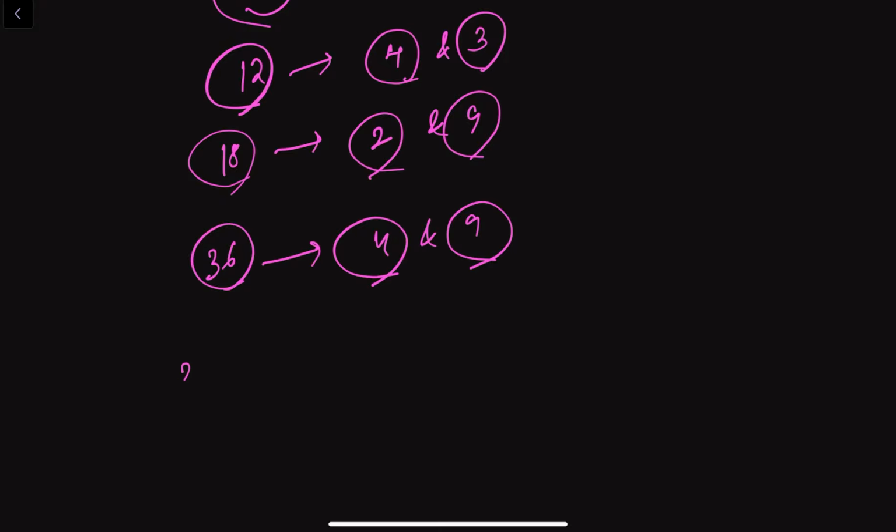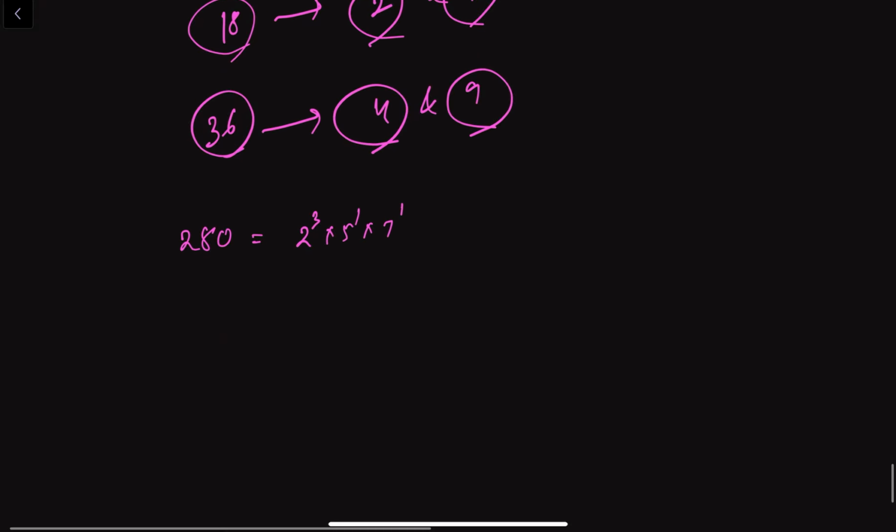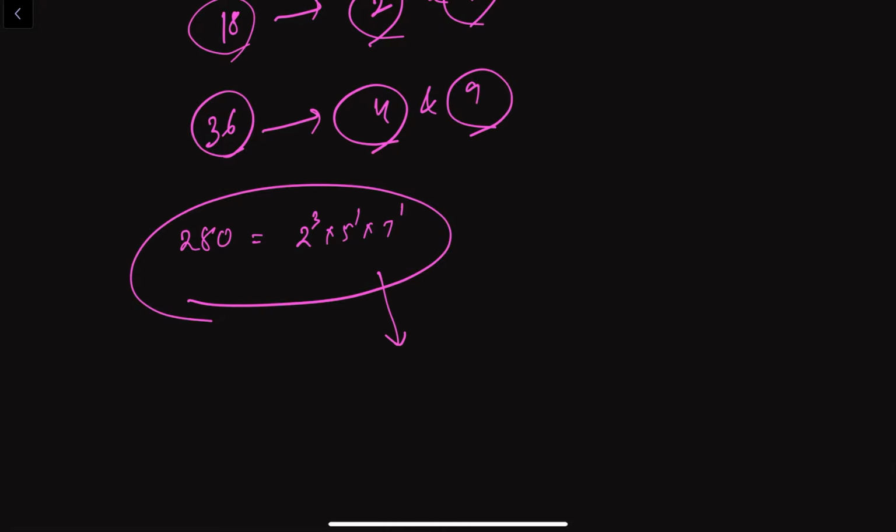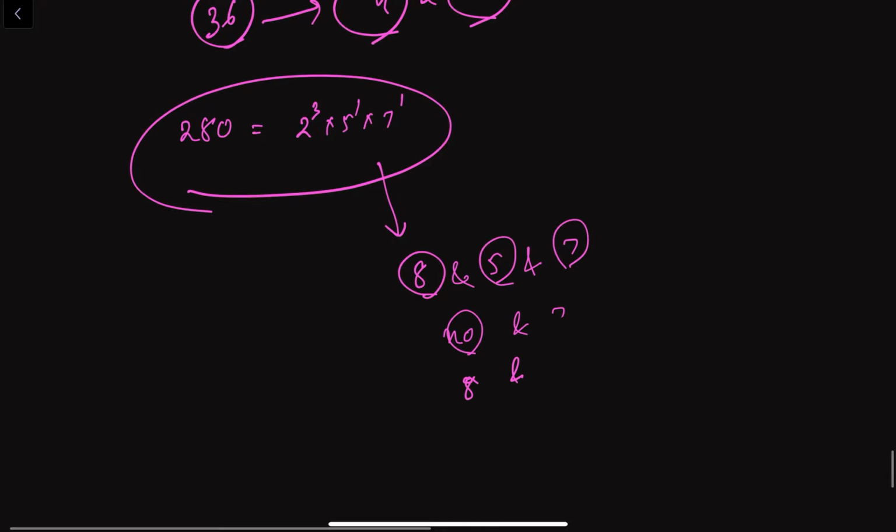If we are having 280, the prime factorization of 280 is 4 into 70, or 8 into 35, so 2 cube into 5 to the power 1 into 7 to the power 1. That means if a number is divisible by 8, 5 and 7, or we can say 40 and 7, or 8 and 35, or 5 and 56, it works.